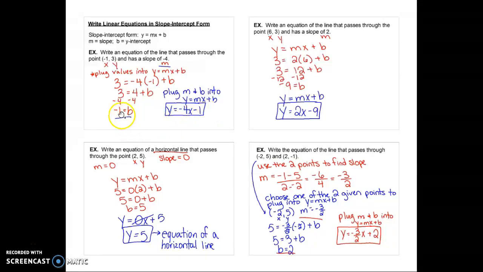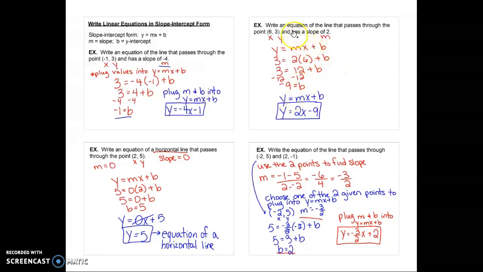Solving for b is not your final answer. You still need to plug that back in, because originally our question was to write the equation of the line. So the equation of the line would be y equals -4x, because -4 was our slope, and then -1 because our b value was -1.